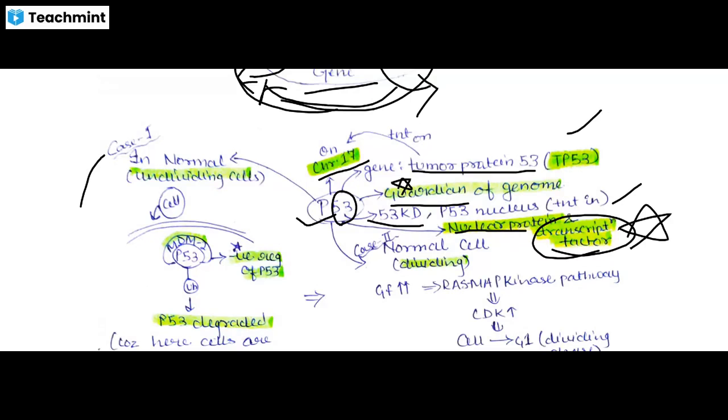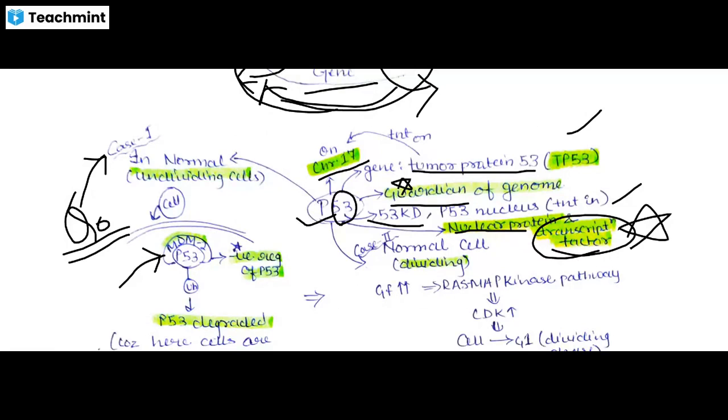First case is when the cell is in an undividing state. What do you understand by undividing? That the cell is in quiescent phase. We know in quiescent phase cells do not divide. They are just resting for a while. So in the undividing state, P53 is bound by MDM2.